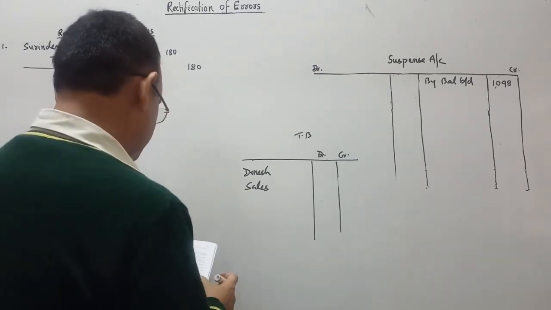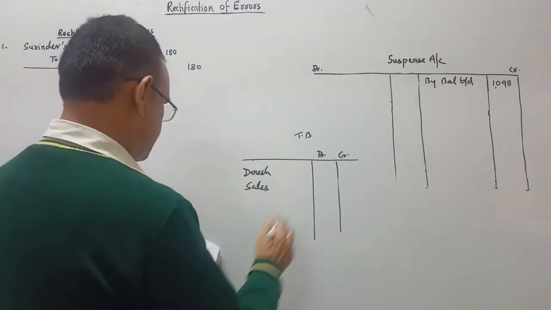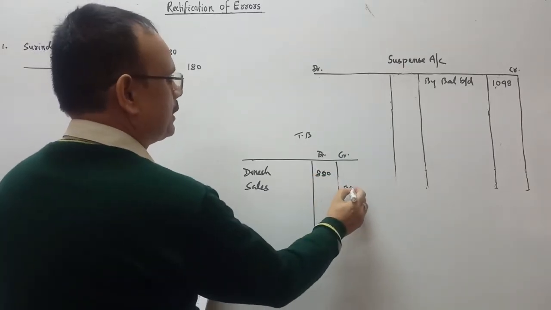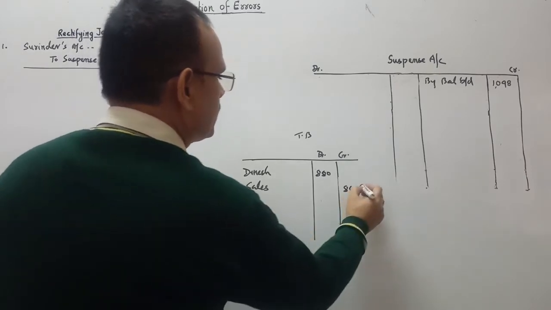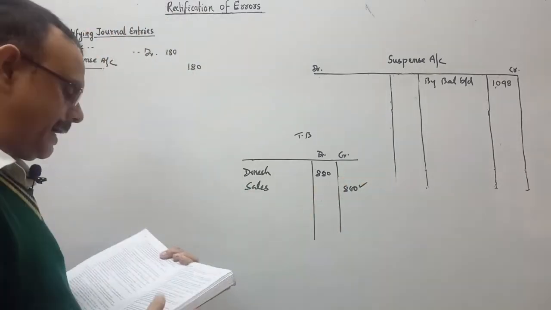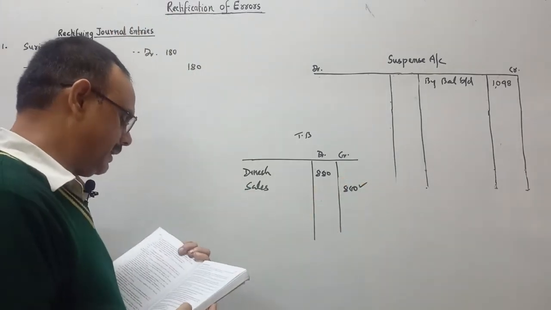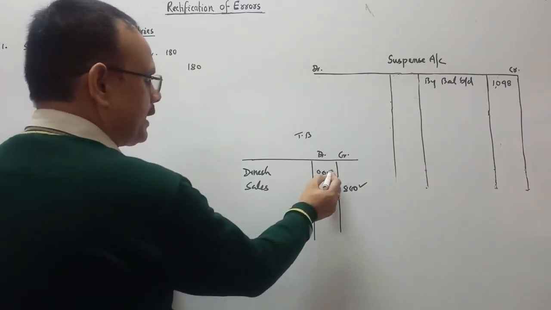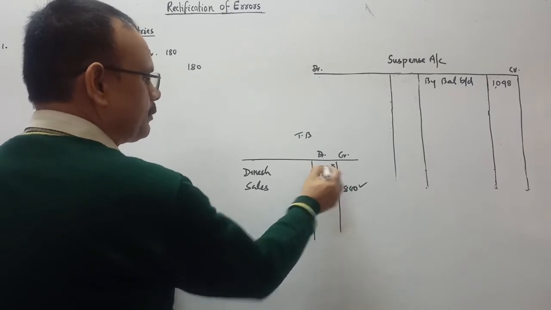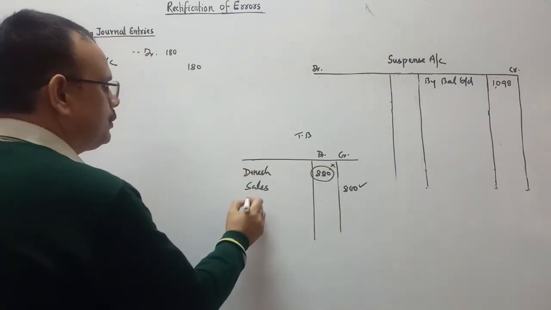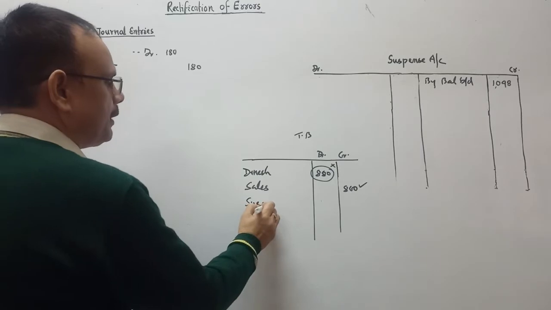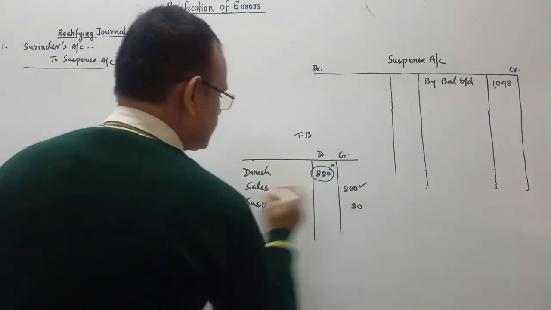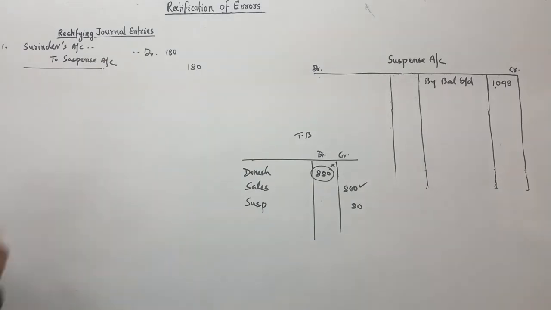So Dinesh account has to be debited by 800, but it is debited by 880, and the sales account is correctly credited by 800. So there is a mistake in the ledger of Dinesh. We have written 80 rupees excess in his account. So suspense will be on the credit side to match the trial balance.